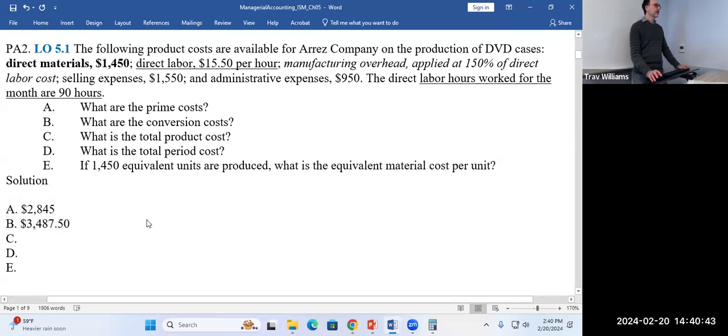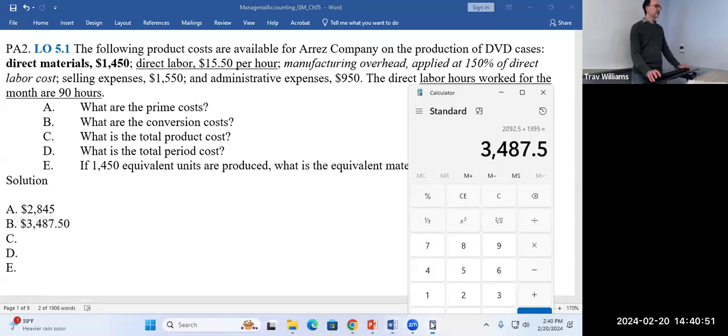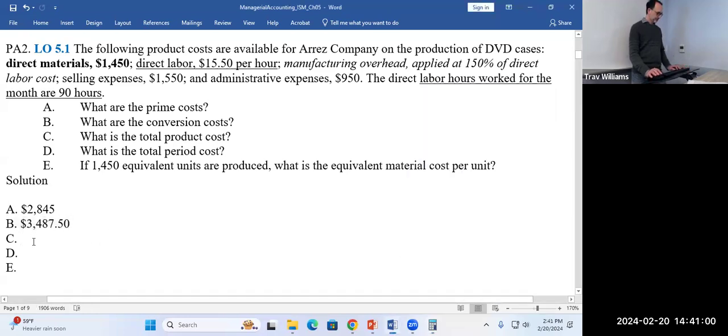Okay. And then our total product cost, well, we could just take that conversion cost we just calculated and add materials, right? That would be the easiest thing to do at this point. So our total product cost, $4,937.50. Period costs, what did those come out to? 2,500.